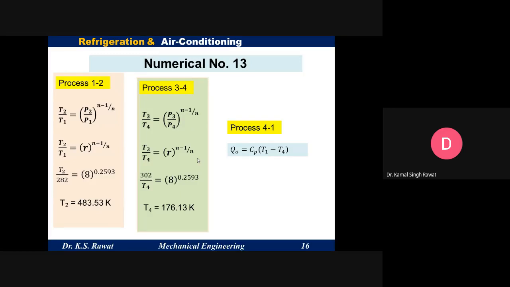We are just calculating this refrigeration effect per unit mass, per unit mass flow rate, so we simply take m equals 1. So now, Q naught equals Cp (T1 minus T4). We have the value of T1 and we have the value of T4. So Gopal Gautam, tell me the refrigeration effect.